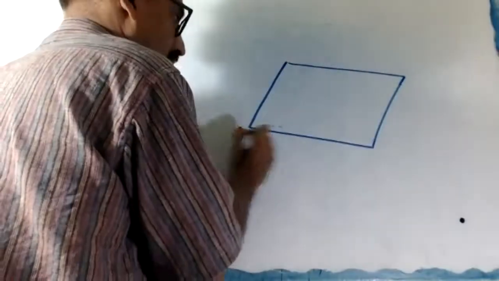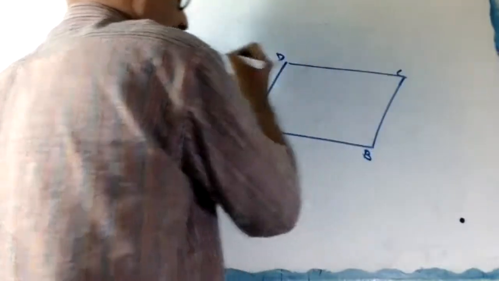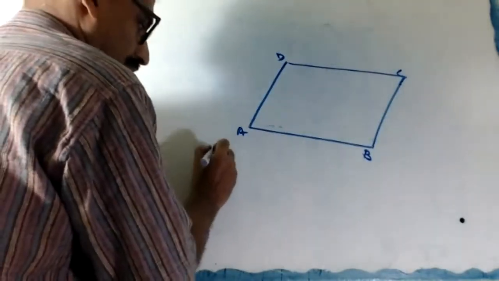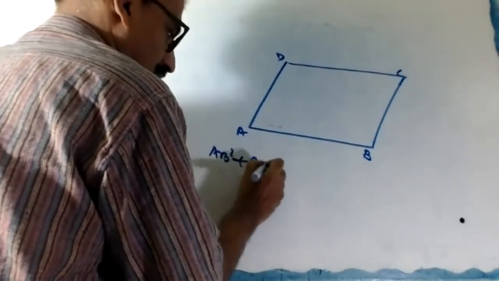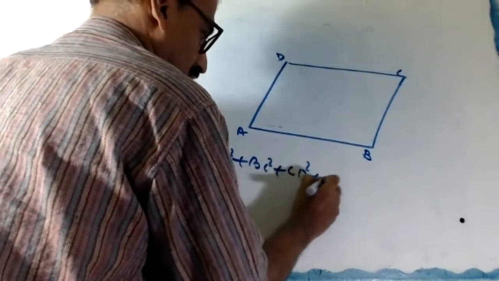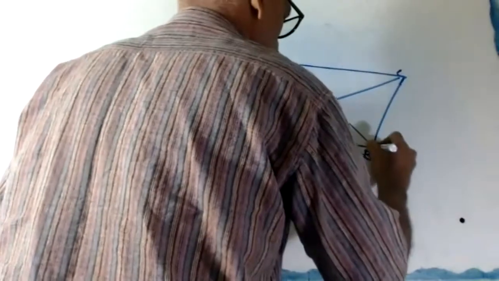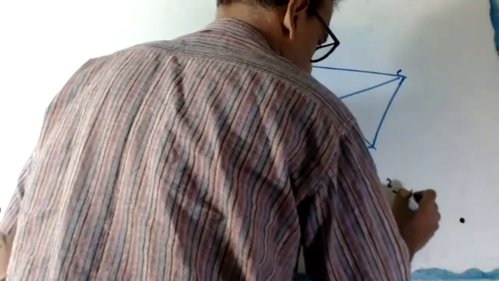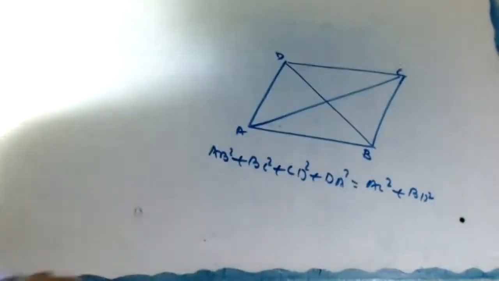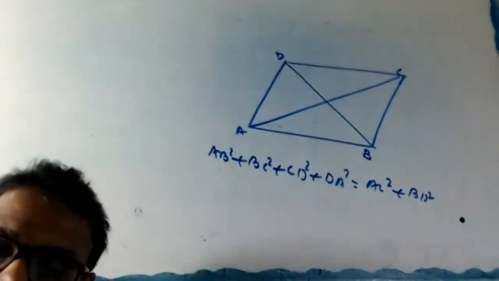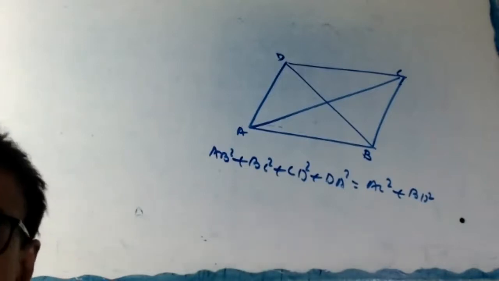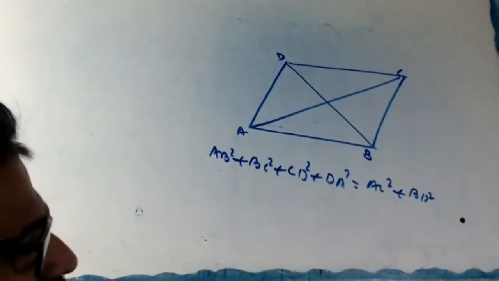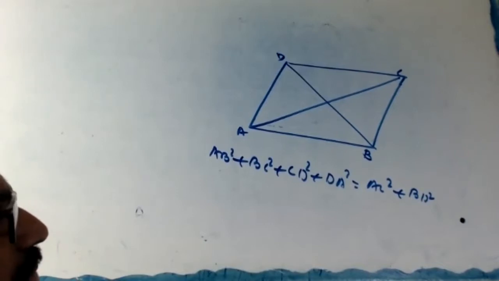What you have to show is AB square plus BC square plus CD square plus DA square equal to AC square plus BD square. This is the question. Listen, this is the question: AB square plus BC square plus CD square plus DA square equal to AC square plus BD square.